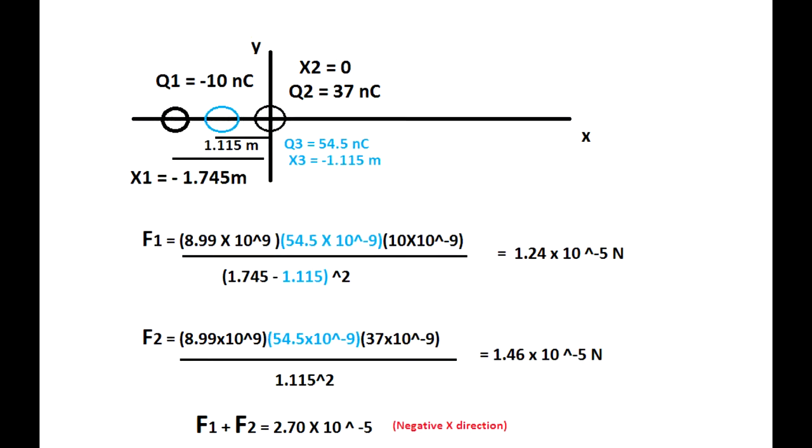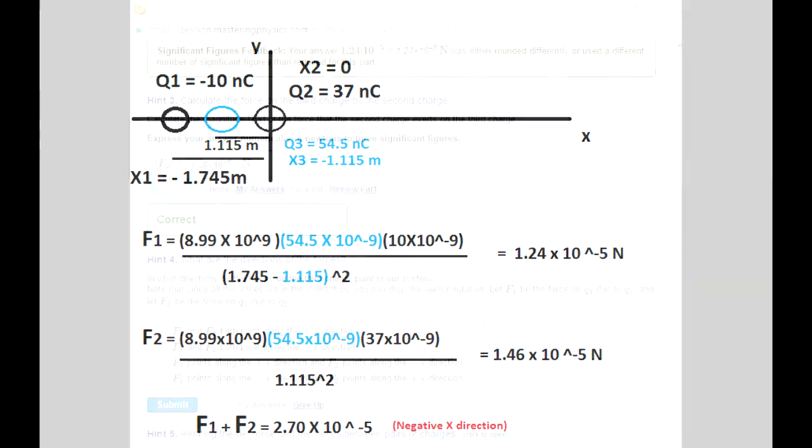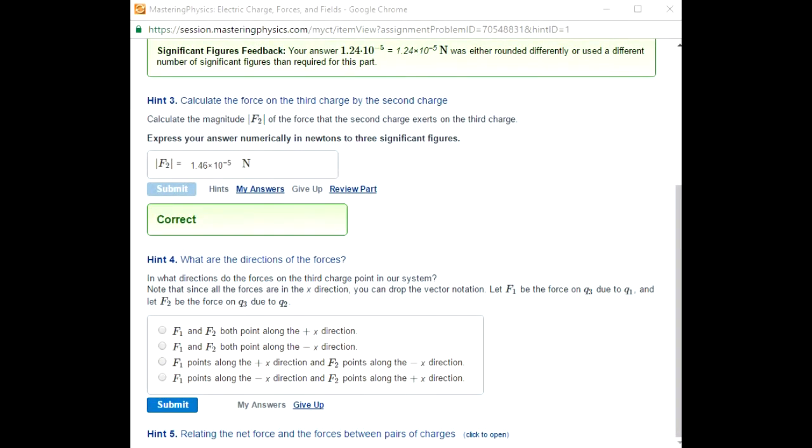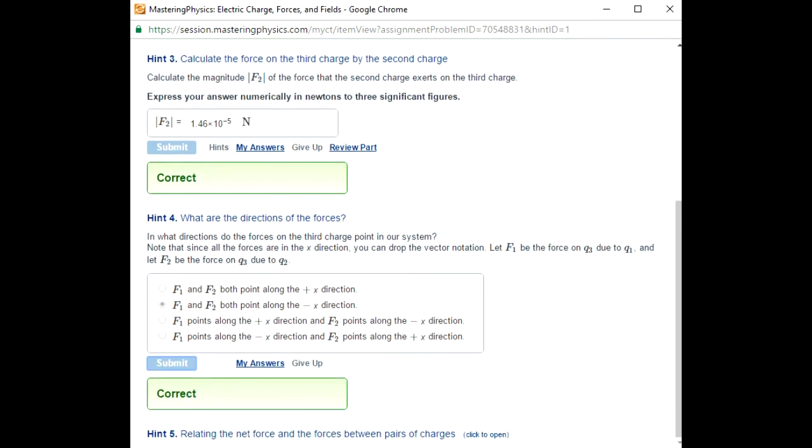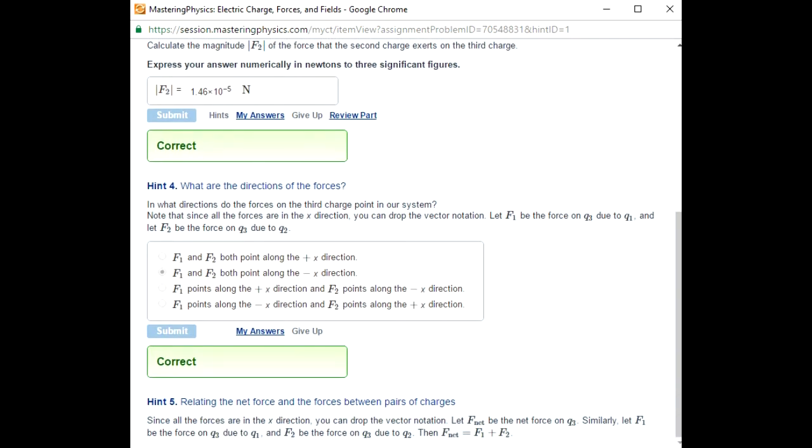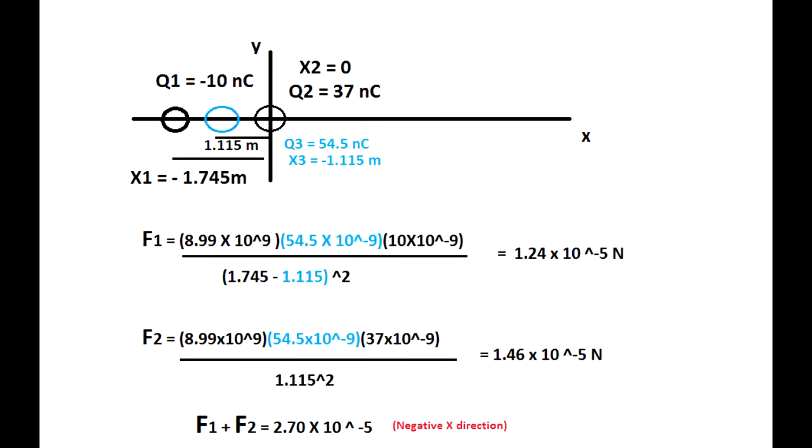Now, if you analyze the repulsion and attraction principle for electric charges, both of the forces are pointing in the negative direction on the x-axis. And finally, I'm going to add both of the forces to get my result. The result is going to be negative because the forces are pointing in a negative x direction. This is based on the principle of attraction and repulsion between the particles.